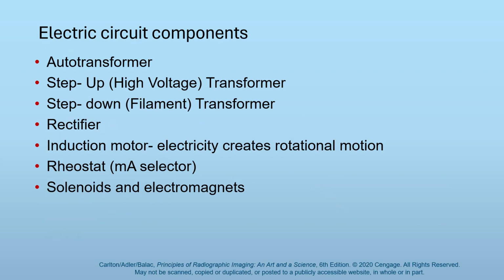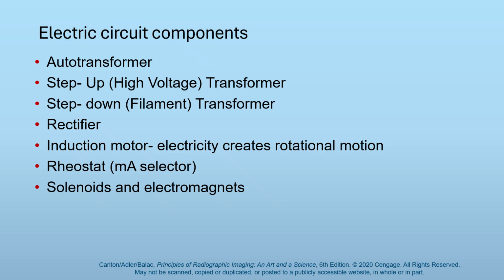Okay. So again, some of the circuit components we're going to see. I've covered some of these in the previous lecture. But this time we're going to look at the auto transformer, the step up and the step down transformers. In the circuit schematic, those are called the high tension or high voltage transformer for the step up transformer, and the filament transformer for the step down transformer.